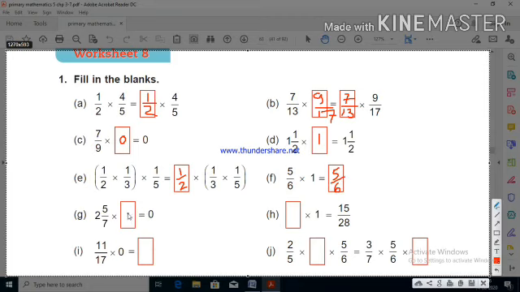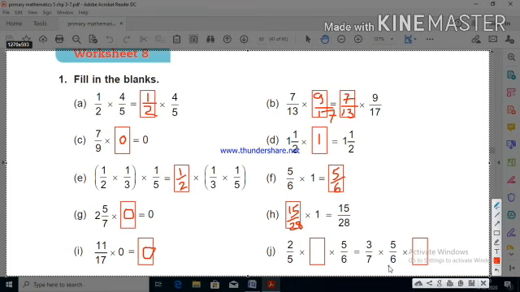Here multiplying with 0 will give you the result as 0. The same number, 15 by 28, gives you the same result when multiplied by 1. So 15 by 28 is your answer. Okay, here we'll get 0.